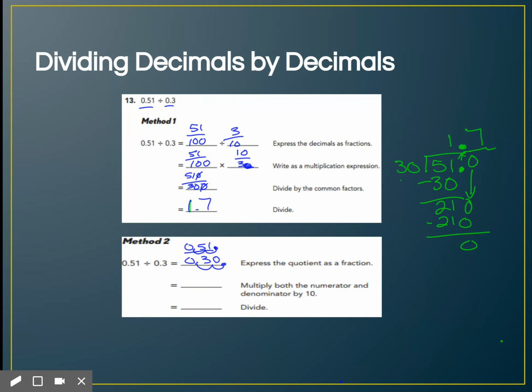And they're saying multiply both the numerator and denominator by 10. You don't need to do that step because we added in the 0. And then we already did the math up here. 51 divided by 30 to see that that's 1.7. Again, whichever method you like best, you pick. I'm going to stick with method 2. I think it's a little bit easier to just add any necessary zeros in.